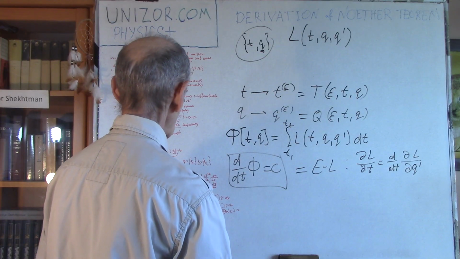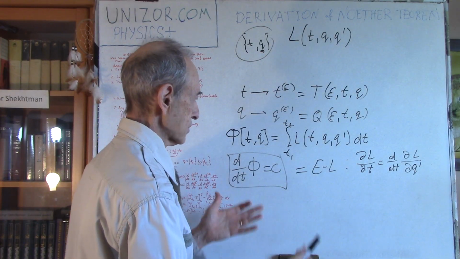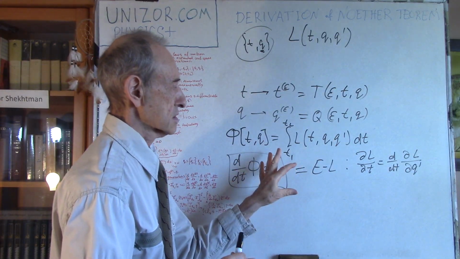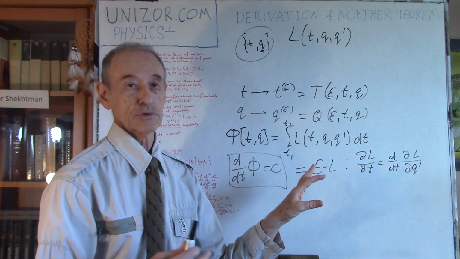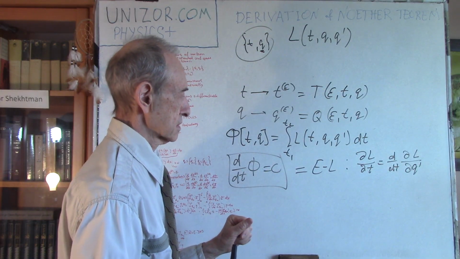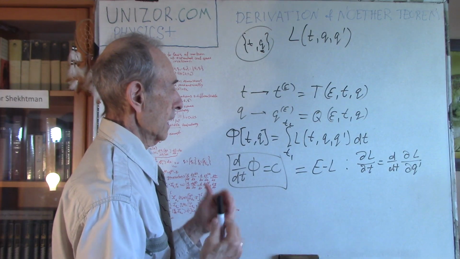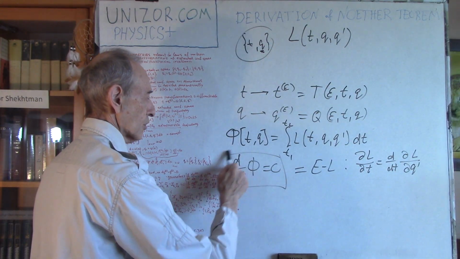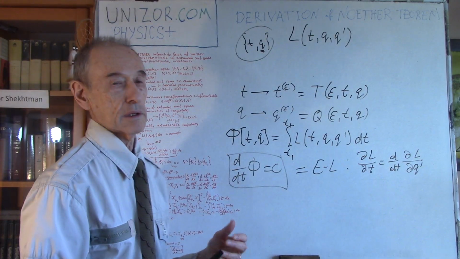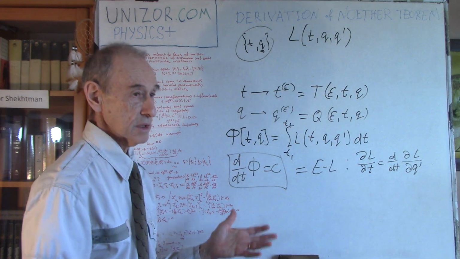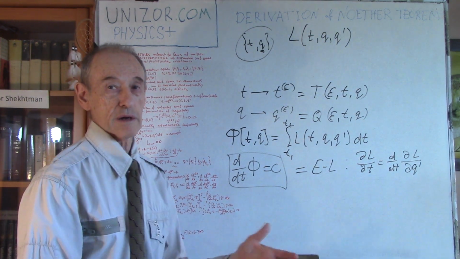And first of all, I would like to slightly change this to be more symmetrical relative to time and space coordinates. And I would like to see what happens if the transformation does not change my action functional, which means its stationary points are exactly the same.